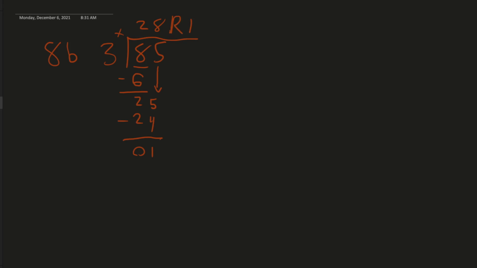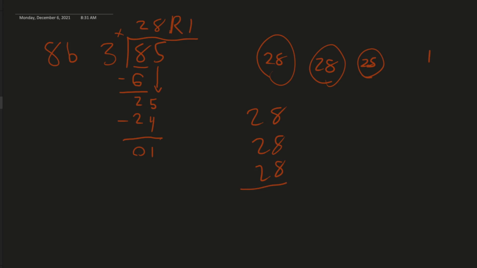And again, this would be like having 3 bags, and each one having 28 in them, and you have 1 left over. And you can check this by doing this, right? 28. So 8 plus 8 plus 8 is going to be 24, right?